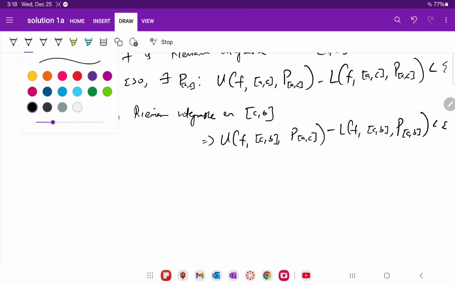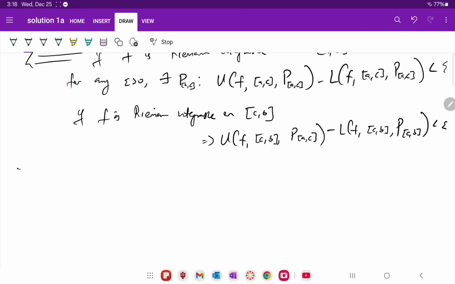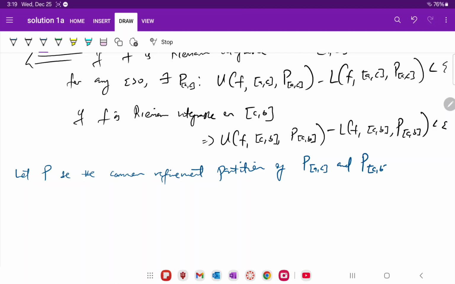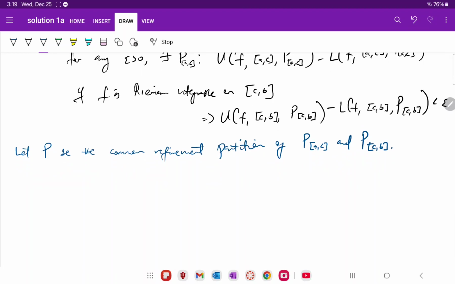So now we can define. Let P be the common refinement of the partition of [A, C] and the partition of [C, B].